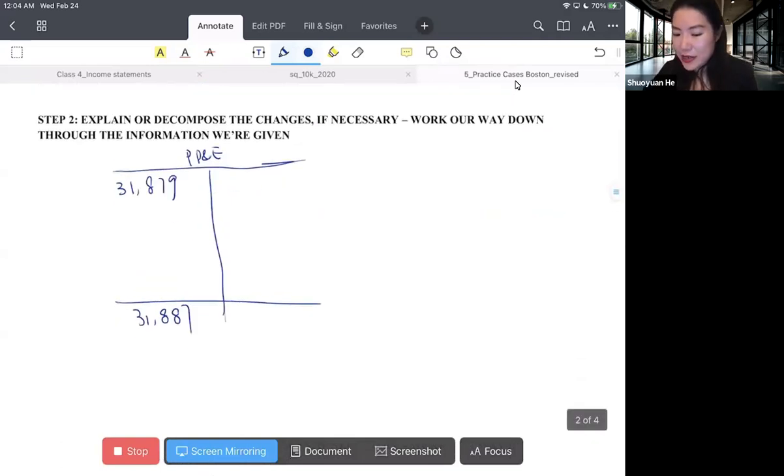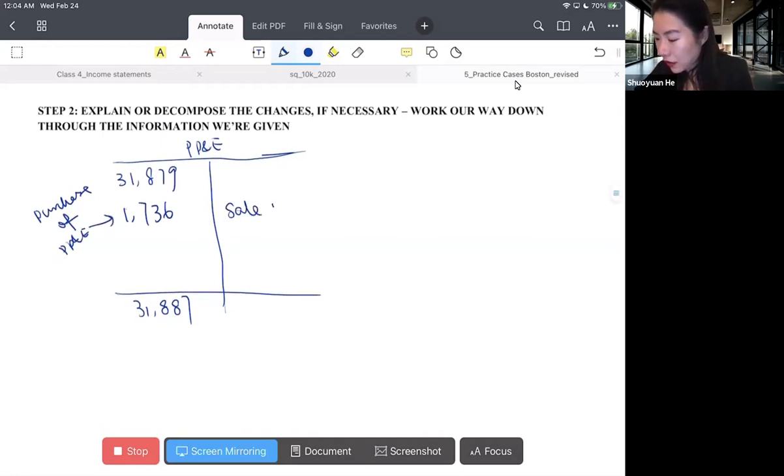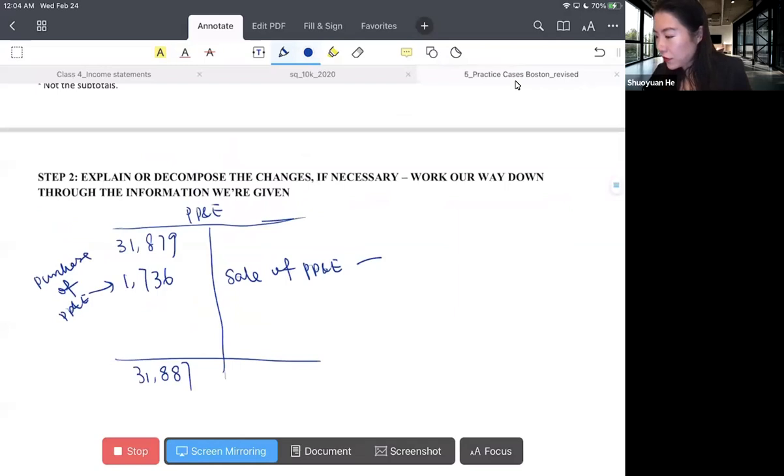So the change is because of 1,736, that is the purchase of PP&E. And then sale of PP&E for $2.